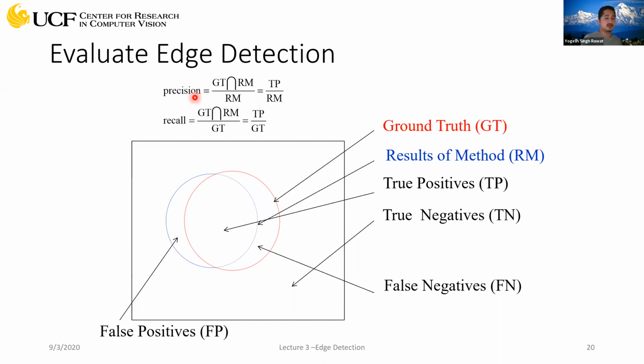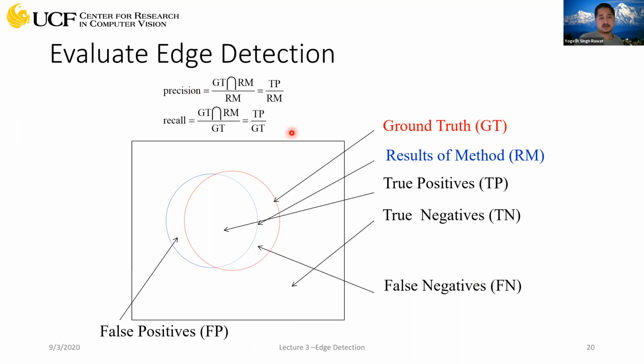So that takes into account if you're missing something. It could be that there are 1,000 edges, but you predicted only 5 of them, and all 5 of them were correct. It means you have a very high precision, but your recall was very bad, because out of 1,000 you predicted 5. It means you missed 995 edges.